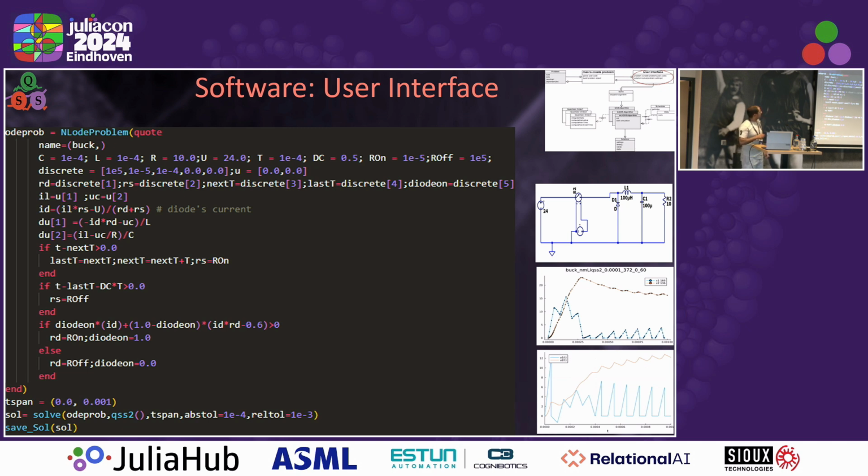So this is an example of how we can use this solver. You just have a set of parameters. Then if you have any discrete variables, any continuous variables. In this case, we have a system of 2 continuous variables with 5 discrete variables. And this model is the electronic buck converter.